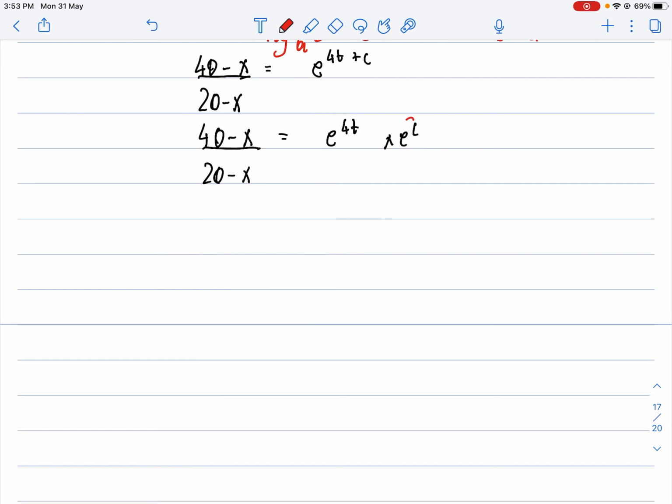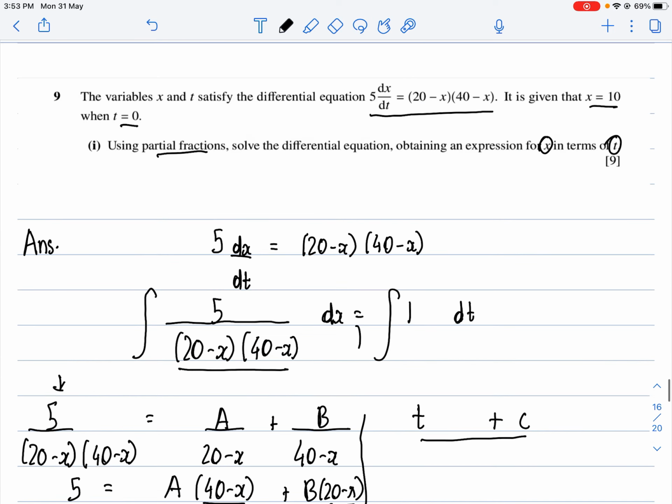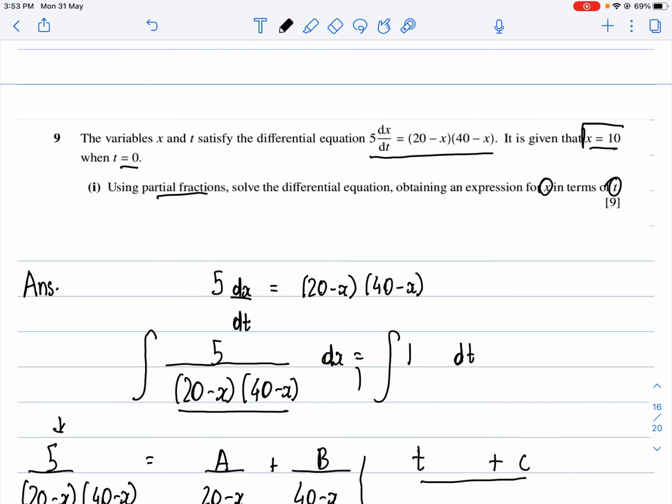So now I know that e raised to c is also a constant, so I can say this constant can be written as A. So I can write this basically as (40 - x)/(20 - x) equals A e^(4t). Now your x is 10 here and your t is 0 here.